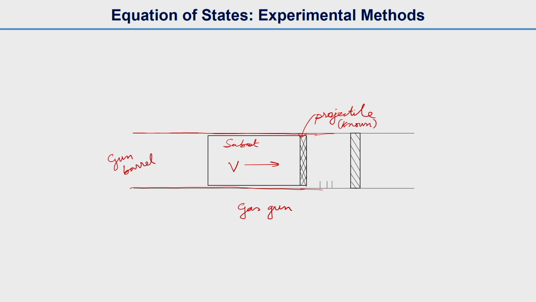We have a projectile of known material, so we know its equation of state, and here we have our unknown material, that is the target. What we want to know is the equation of state of this unknown material.